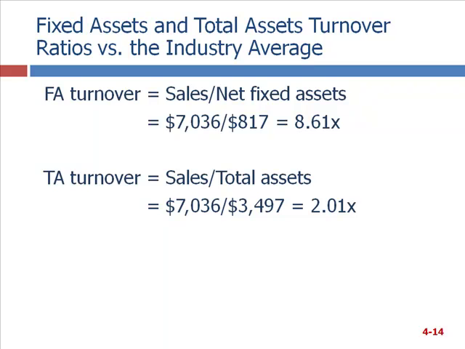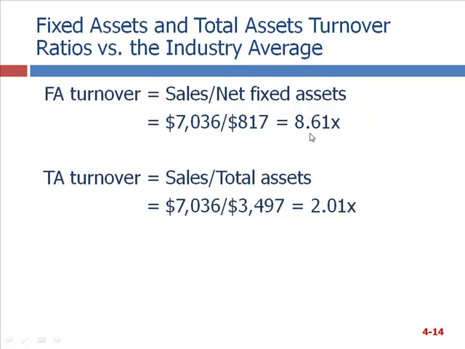And by the way, you will notice that, of course, the number for total asset turnover, 2.01, is less than the number for fixed asset turnover. That's just a mathematical thing that is going to happen. It doesn't necessarily mean that this is worse than that.